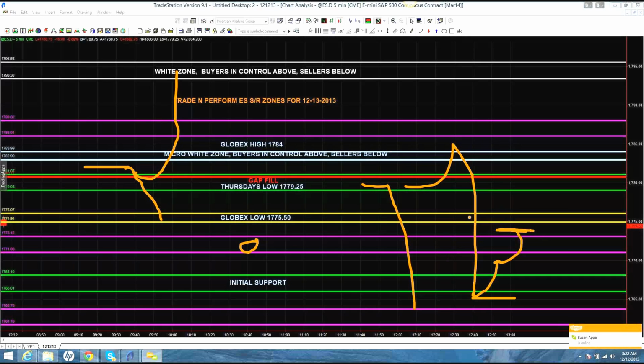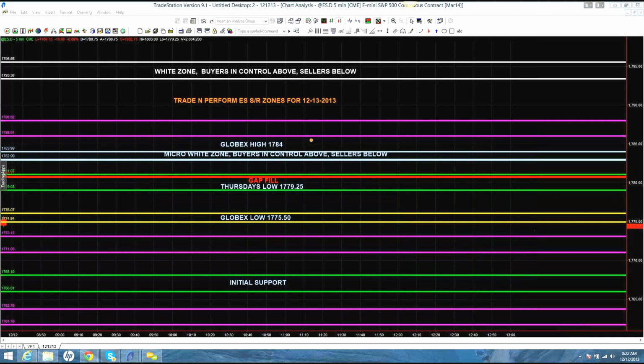The other scenario that we have here, and I want to talk about the trap trades for a second, okay? And it's 8:22. I'm going to jump over to the overnight chart so we can see what those look like. The trap trades can look interesting from both directions, right? So we have Globex high at 84. Let's say we open up, we get above 1784, perhaps into the 1788, then we reject down and we close in and below the white zone and we hold in this area.